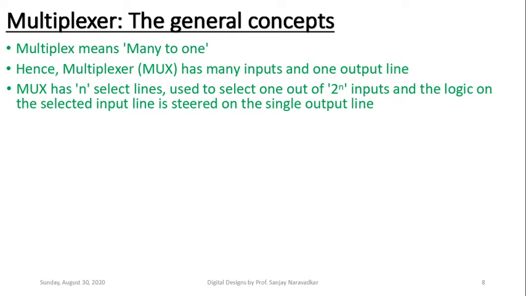The logic on that selected input line will be straightway connected to the corresponding output line in a digital manner. That is the meaning of steering the contents of the selected input line on the single output line here.